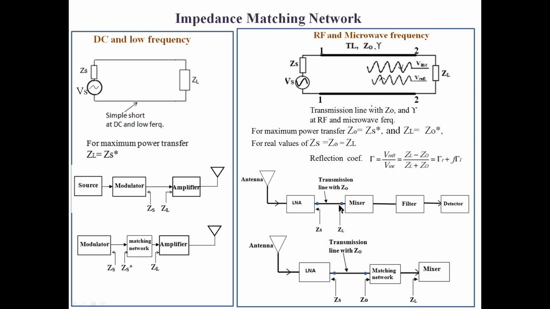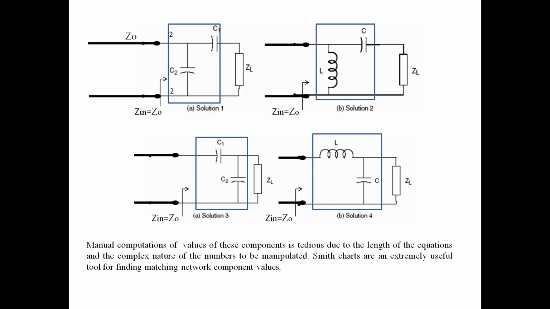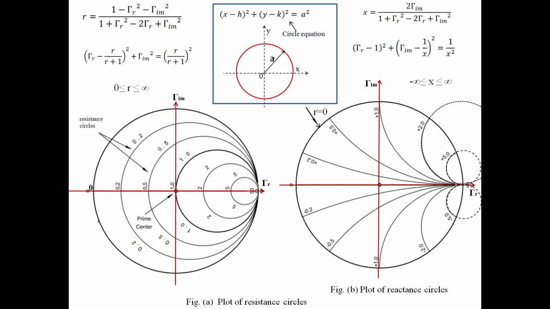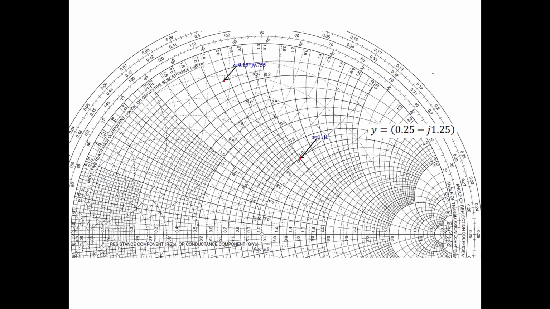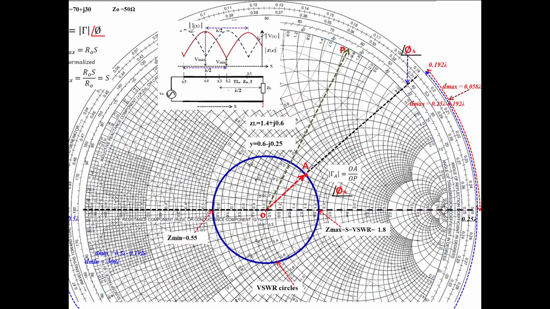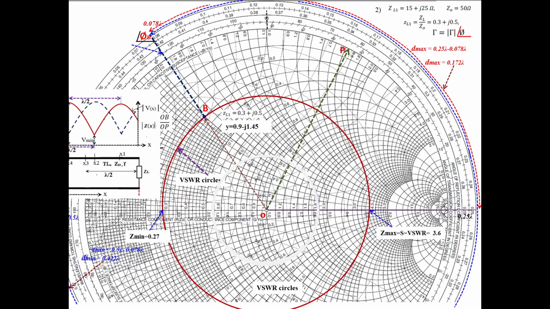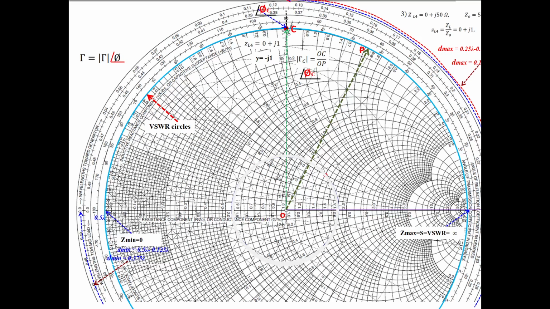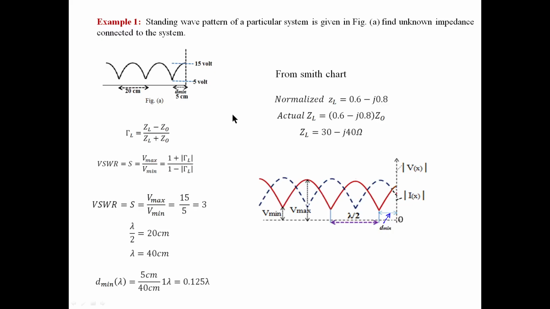So using that we can easily find the input impedance of this mixer. That is the application. So like that we can find the unknown load value using this.